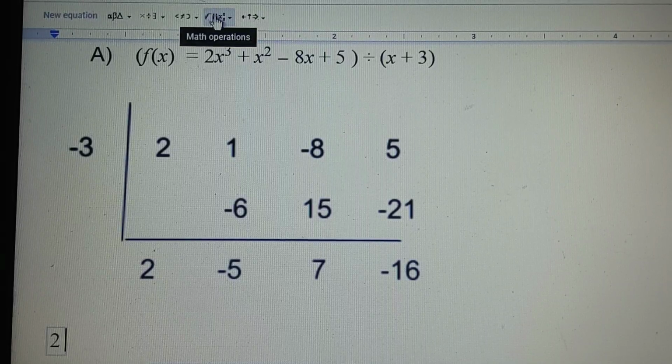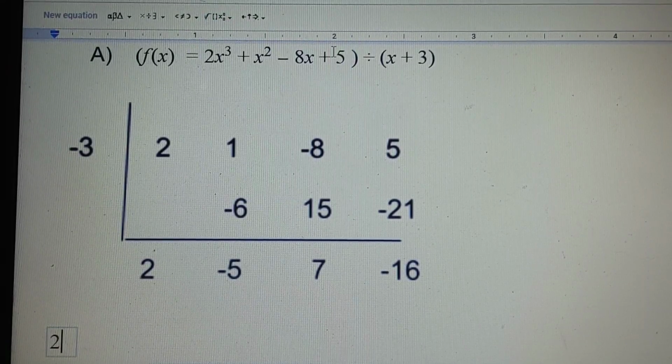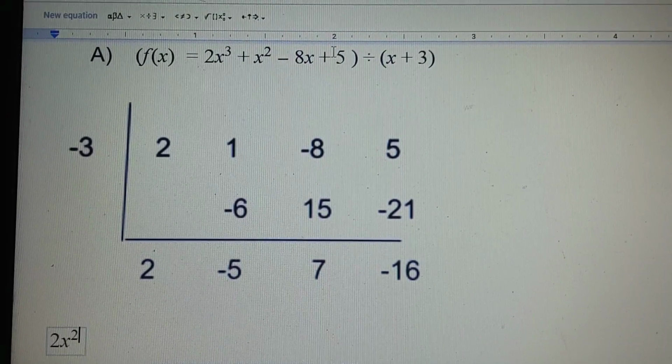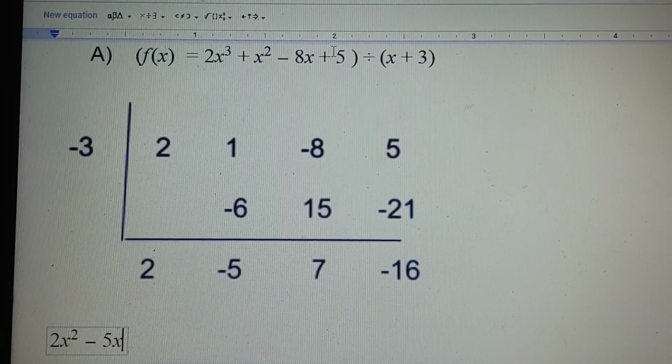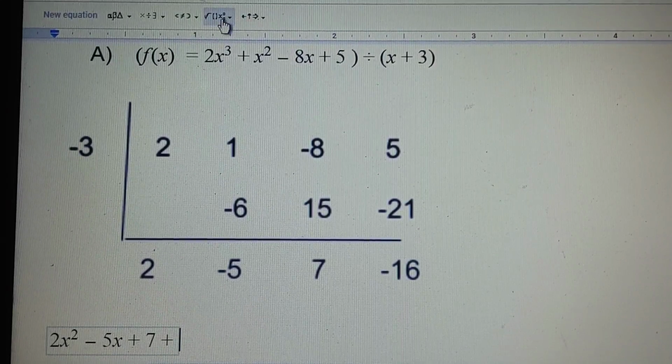So I'm going to go here, and I'm going to make my x squared. -5x plus 7 plus, now I have to turn this into a fraction.